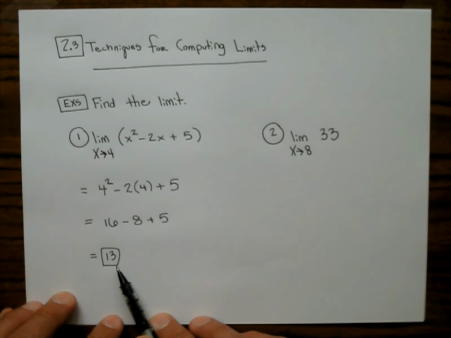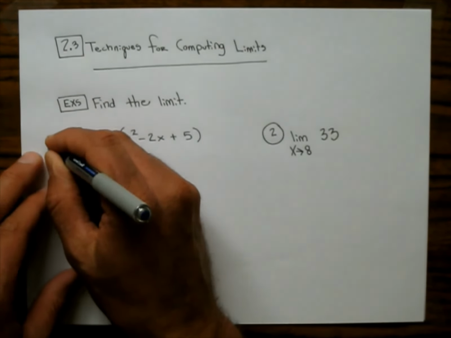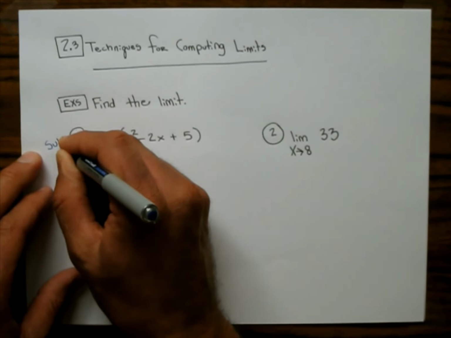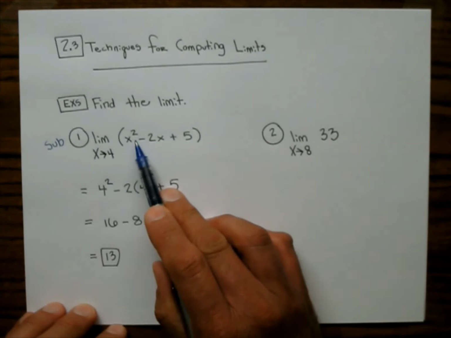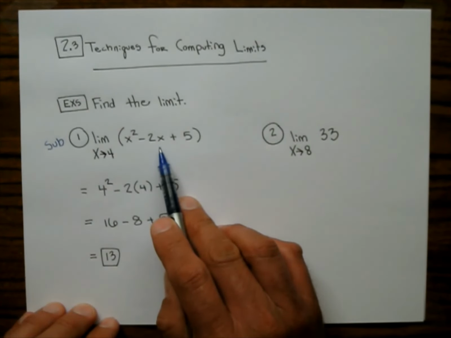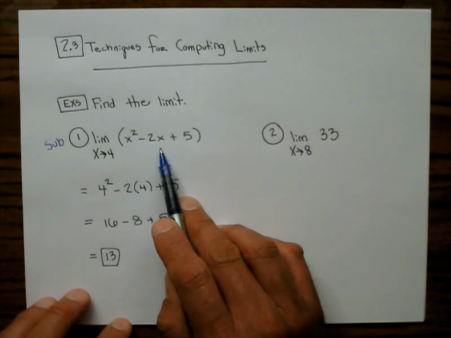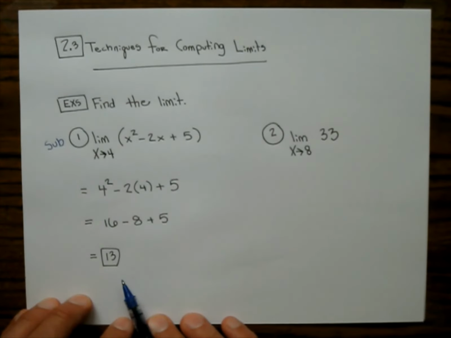So that's how you do most of your limit problems. I would actually call this substitution. Now, can we use the other limit rules and say, hey, there's a power, and do all that stuff? Yes, we can. But if you're just computing limits without going over those rules and being rigorous, this is how easy it is. So let's try another one.